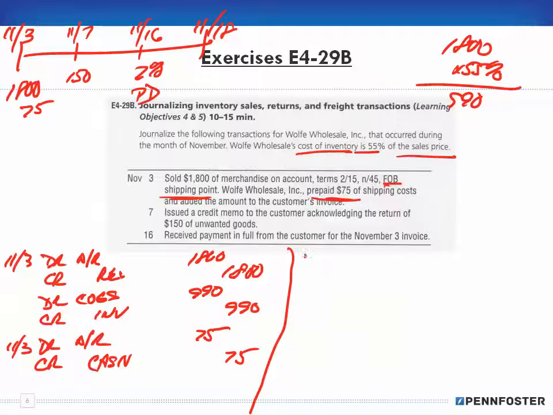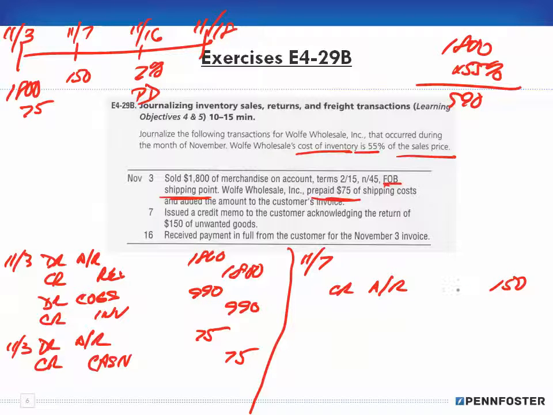Now on 11/7, we're going to issue a credit memo, because $150 of goods are returned. What was our original entry? Our original entry was a debit to accounts receivable, so we're going to credit accounts receivable for the $150.